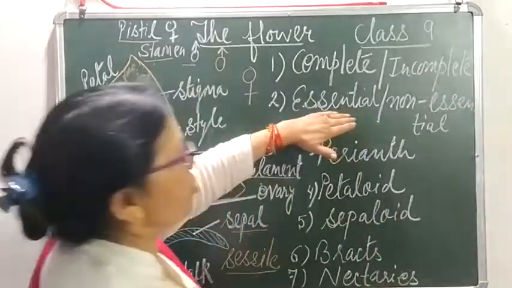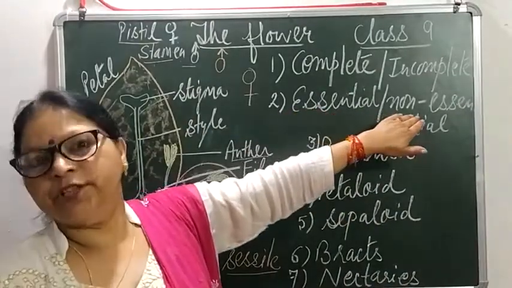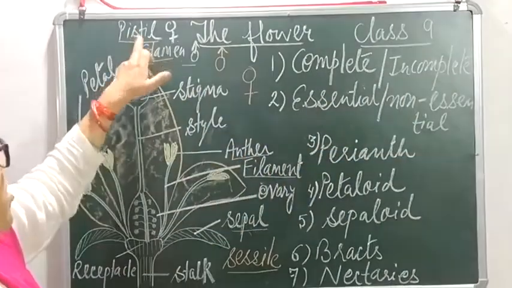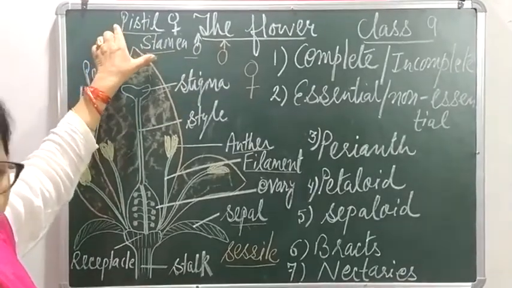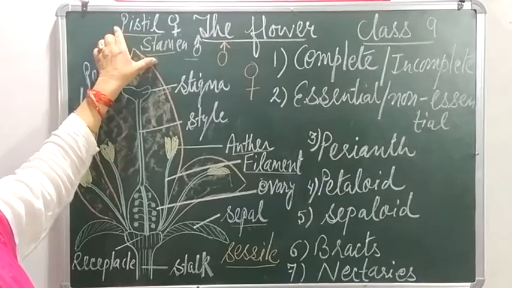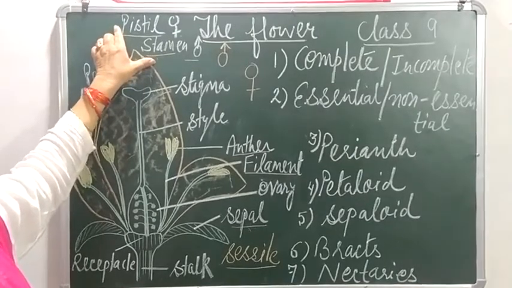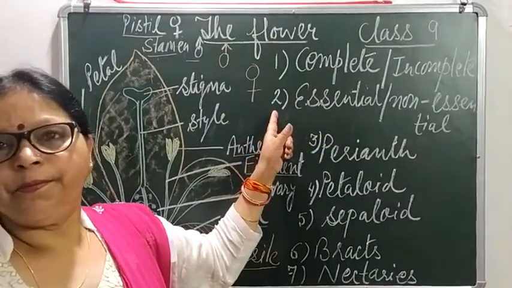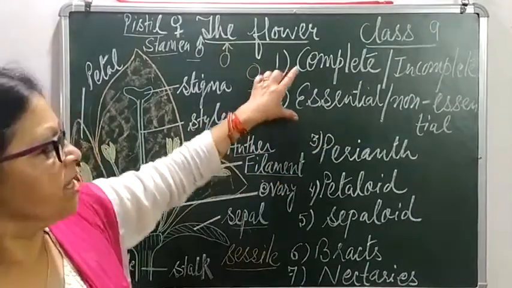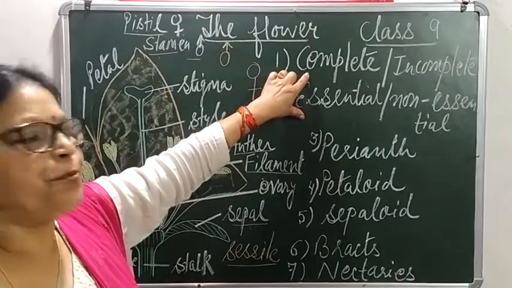Now coming to the second part, essential and non-essential. Male and female parts, stamen and pistil, are the main reproductive parts which help in the process of reproduction. So if a flower has these two parts, male and female, these are the essential parts because they help in reproduction.